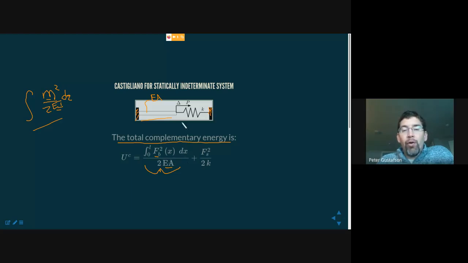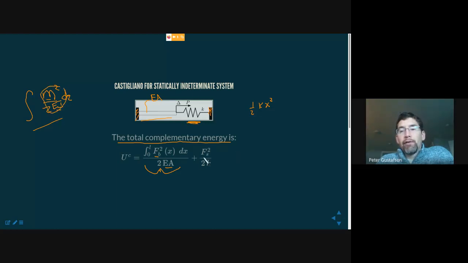Now, there's also going to be energy stored in the spring. So if you think about spring energy, you're going to have 1/2 kx squared, the spring potential energy. That is the strain energy density, really, of the spring, called the spring energy. It has an analogous complementary energy that takes, again, this form here.